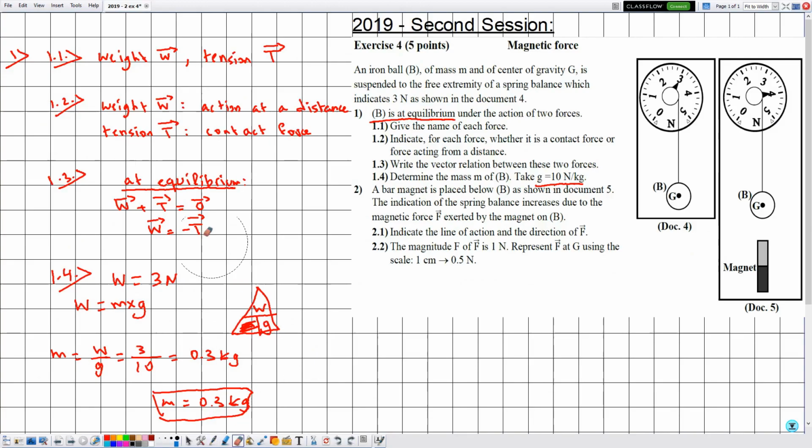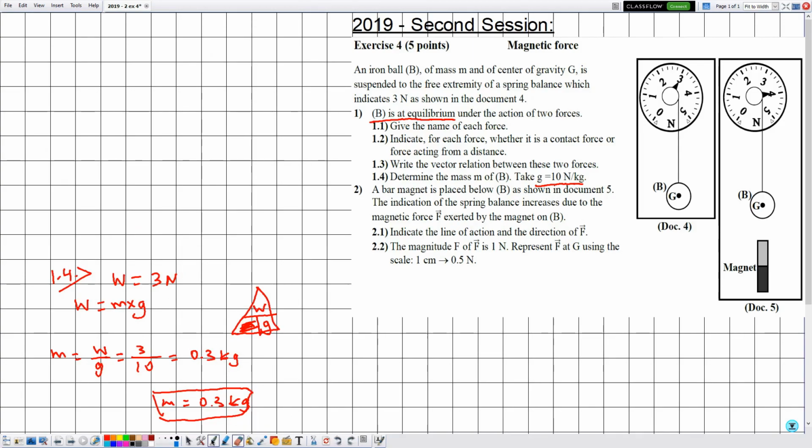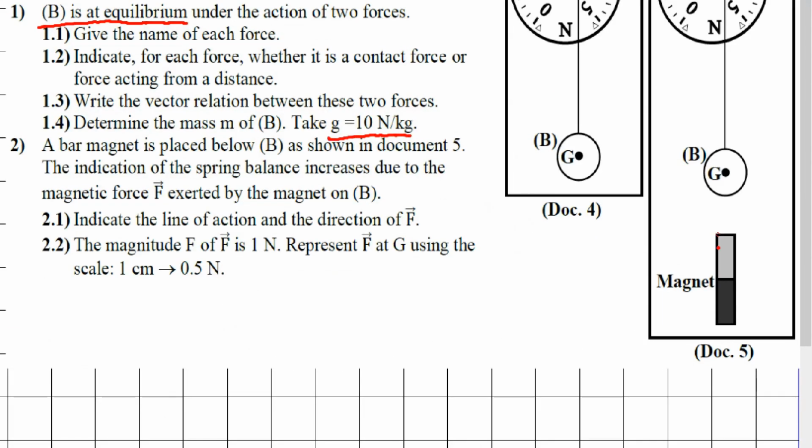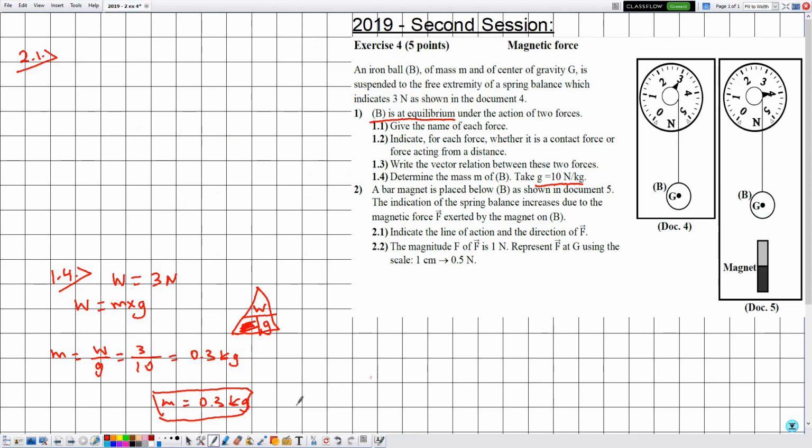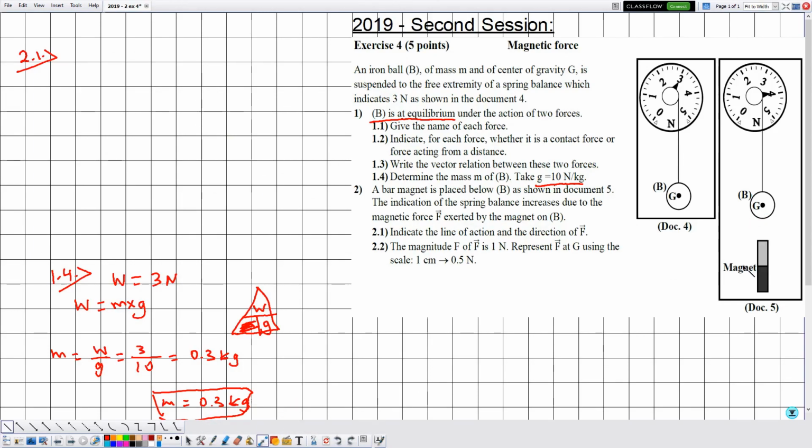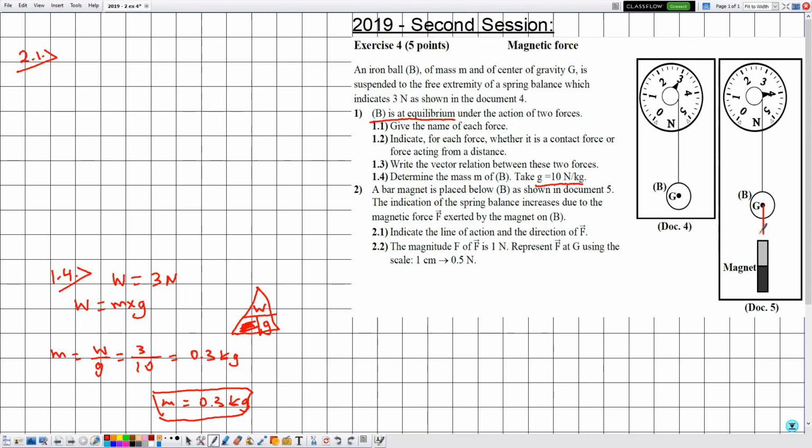Now in 2.1, indicate the line of action and the direction of F. In order to determine the line of action and the direction of F, let's represent the force F on document 5. We know that the force F is the magnetic force exerted by the magnet on the ball B, and knowing that the magnetic force is classified as an action at a distance, the point of application of F will be the center of gravity G, and it will be directed toward the center of the magnet, like this.